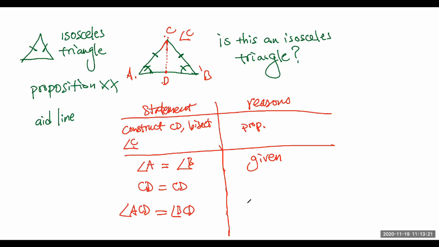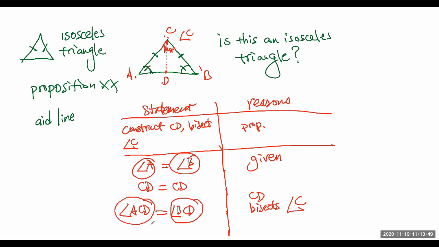That's because we did bisect: CD bisects angle C, so this angle will be congruent to that angle. Now, because angle A is congruent to angle B, and ACD is congruent to BCD, we know this has to be true.